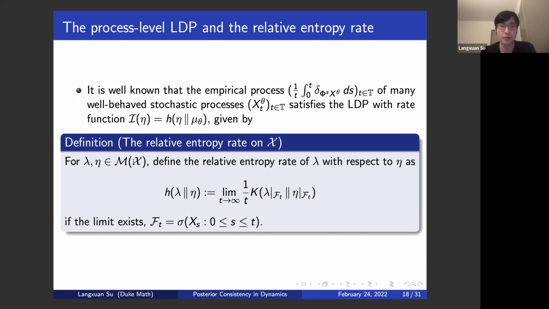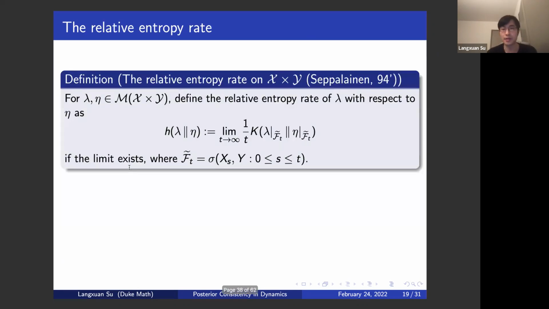Now that we know how to define this relative entropy rate on X, recall that we actually want to define it for the product of X and Y, so we expand this definition, which appears in one of the works in the large deviation literature by Timo.